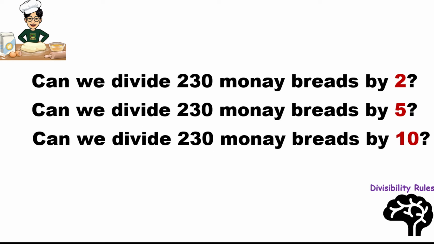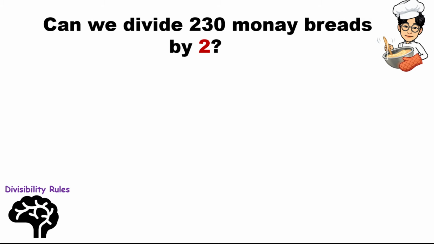Can we divide 230 Monet breads by 2? Can we divide 230 Monet breads by 5? And can we divide 230 Monet breads by 10? Let's find out! Let's have the first question.